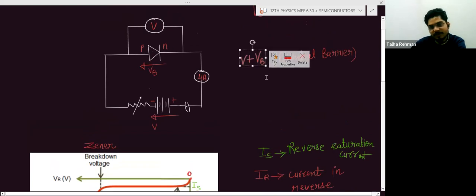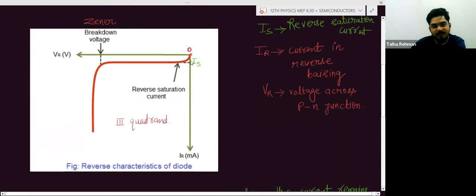So this value will become zero, and at that point there will be the breakdown of the PN junction diode. After that, when you increase the voltage a little, the current will increase very sharply.